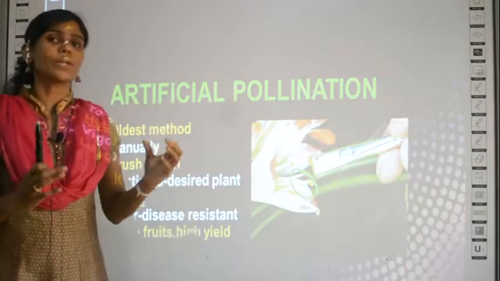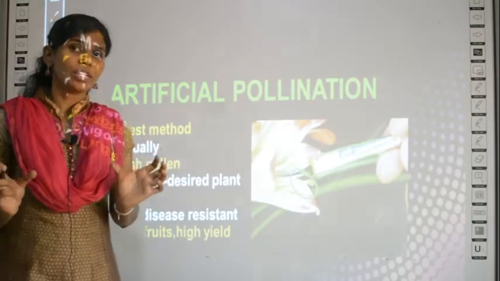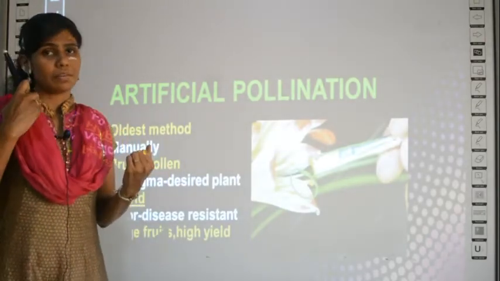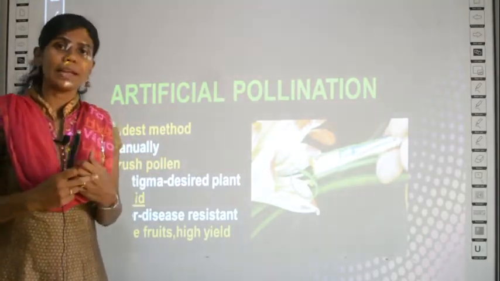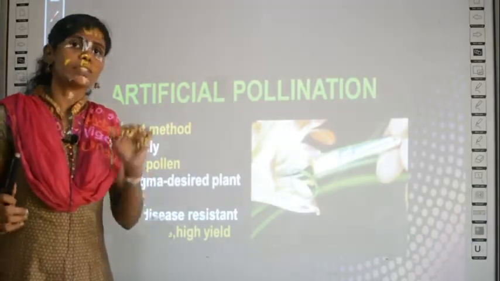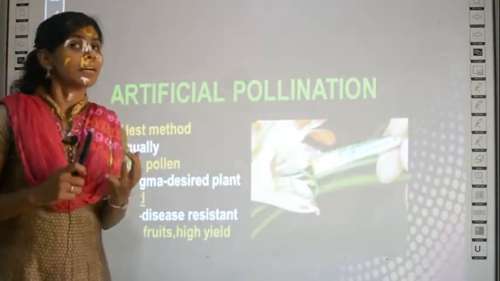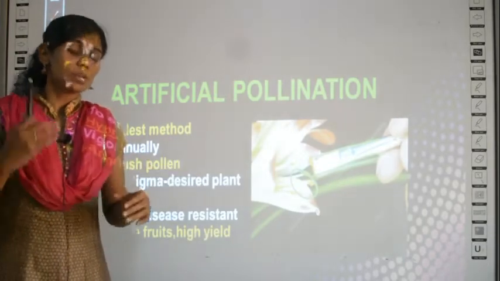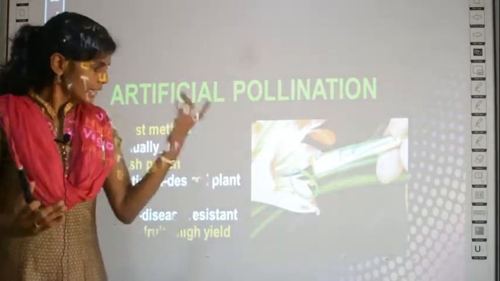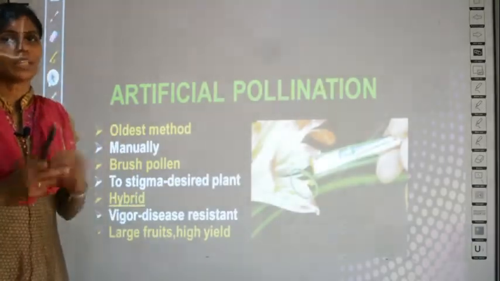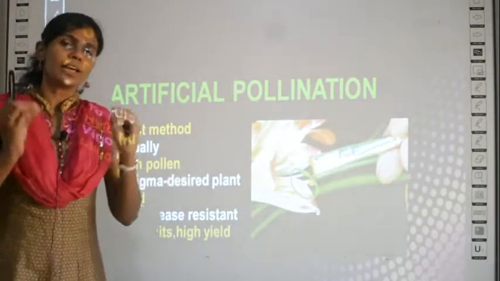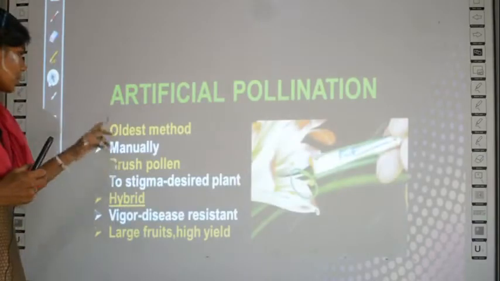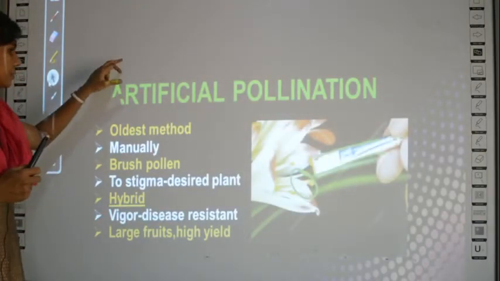Before, the process of pollination was not revealed openly, like now when we put it into categories such as insects, wind or water. Now we know. Before these were revealed, this was the oldest method. Artificially man began to collect pollen grains and transfer them to the stigma. So it is a man-made method.